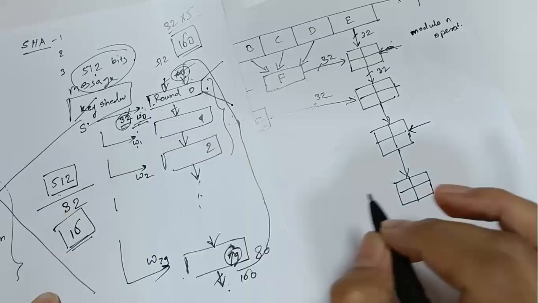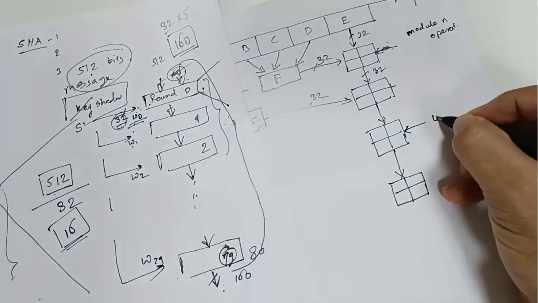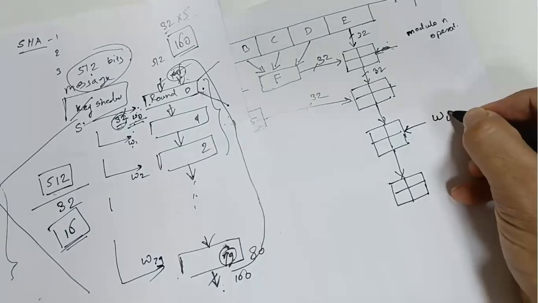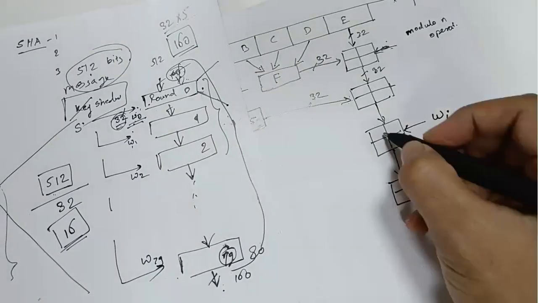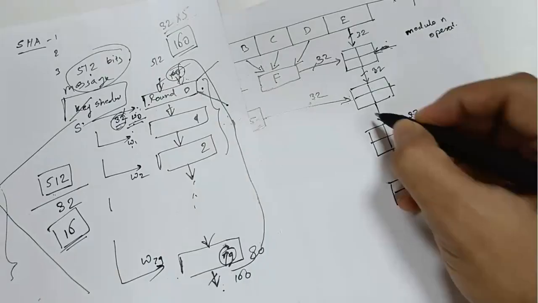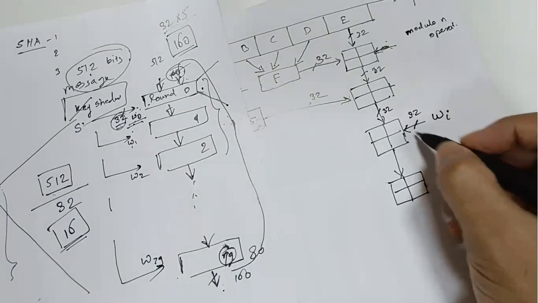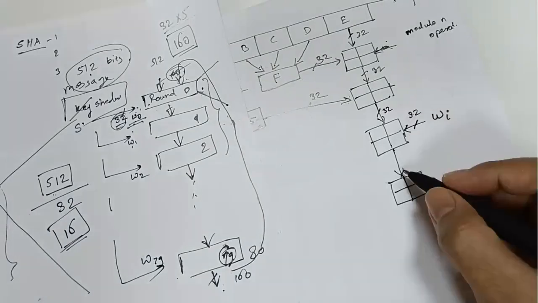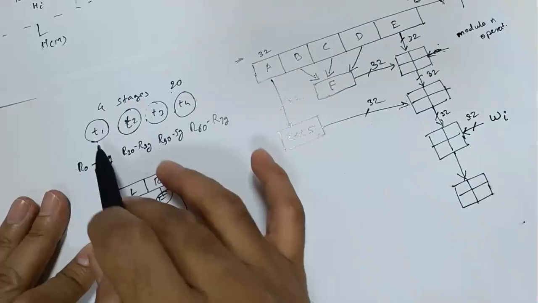Now what you have to do is provide a Wt for the next operator. This is 32 bits again, this is 32 bits. The next operator takes these two inputs. If we have seen, there are some stages, T1, T2, T3, T4.